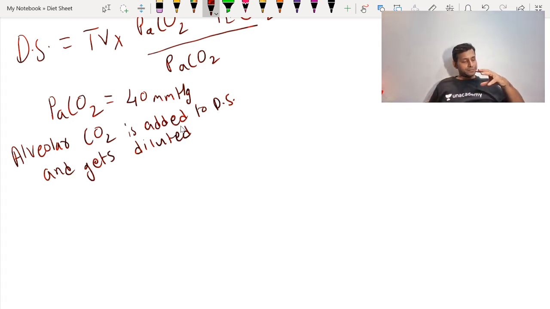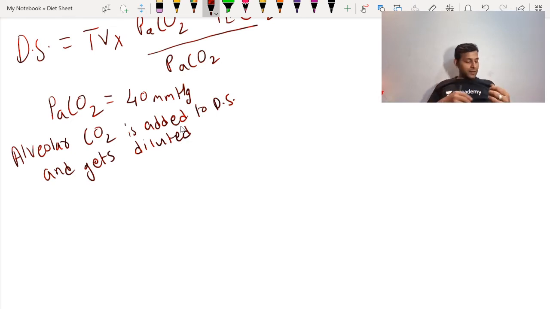So again I'll repeat all the things. There are three assumptions which we make while calculating dead space volume. Number one, the air which you breathe in has no carbon dioxide, so in your dead space volume there is no carbon dioxide. Second assumption is whatever CO2 is coming into the dead space during expiration, all that CO2 is actually coming from the alveolar and the exchangeable air mass.